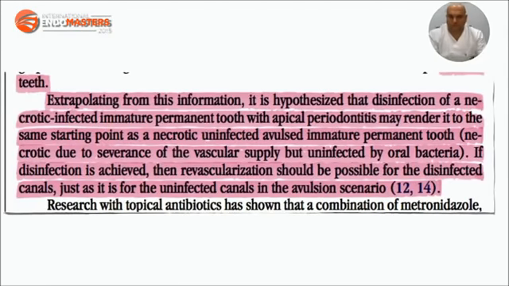The basic philosophy behind the old and new best available evidence that guided my clinical shift is included in this paragraph. Extrapolating from all the new and old information, it is hypothesized that disinfection of a necrotic, infected immature permanent tooth with apical periodontitis may render it to the same starting point as a necrotic, uninfected, avulsed, immature permanent tooth.